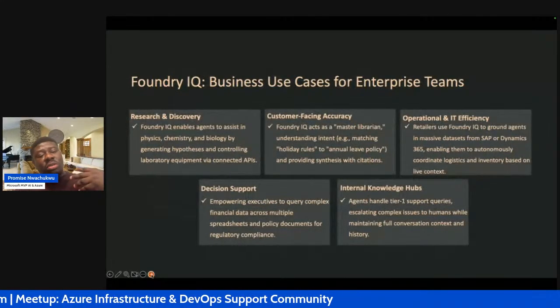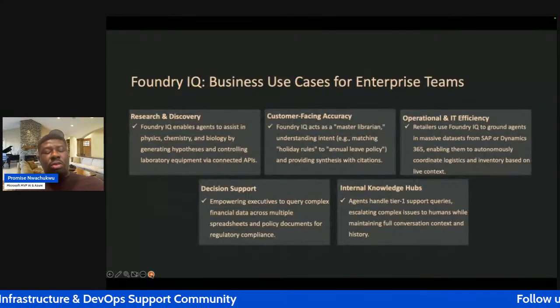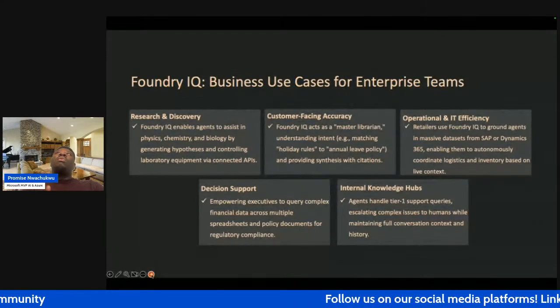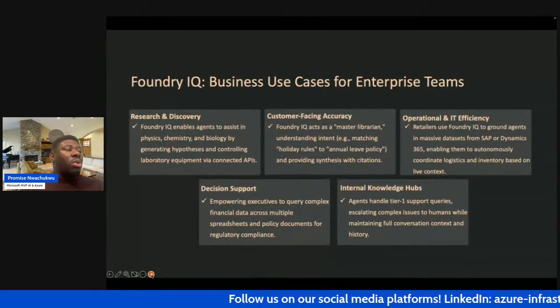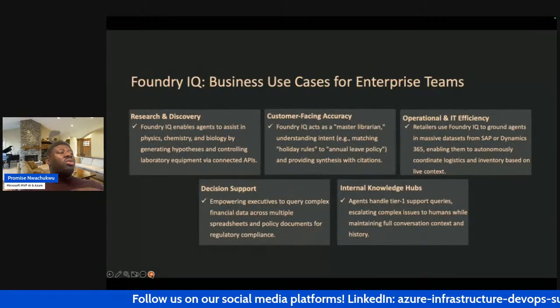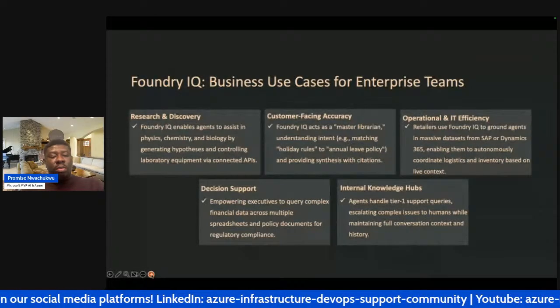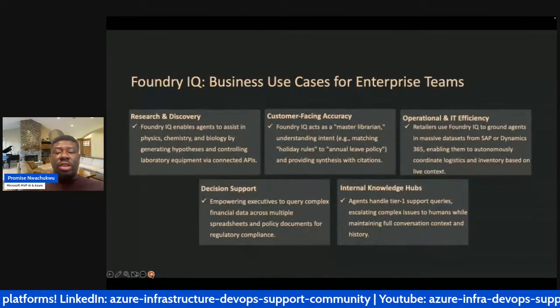Now, while I was looking into this and doing my research, for you to understand more on Foundry IQ, how about we look into use cases where enterprise teams make use of Foundry IQ?